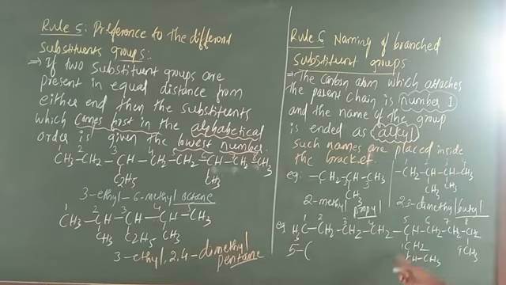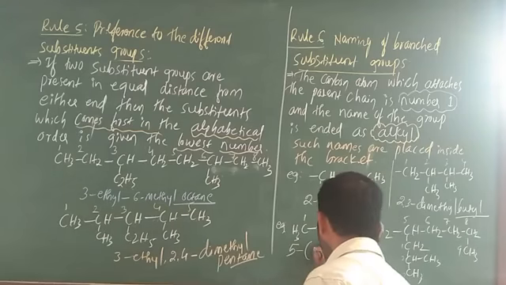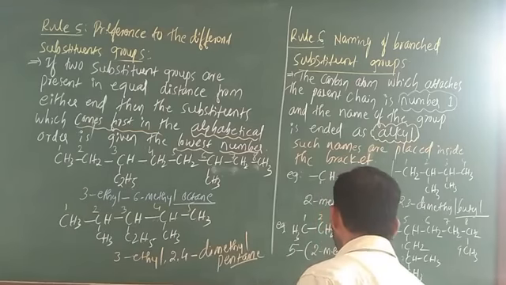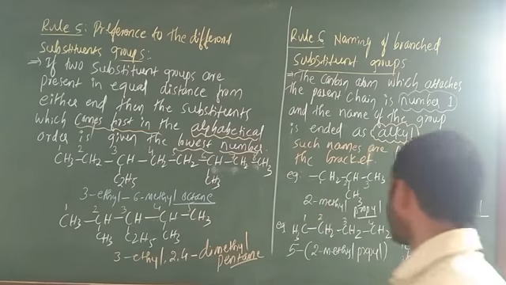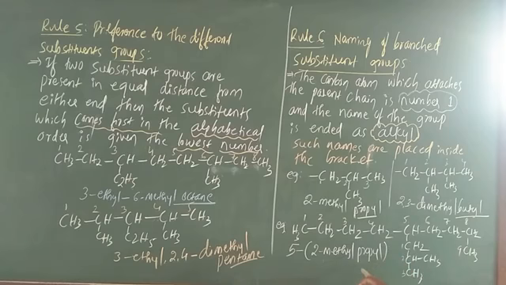Why take a bracket? Because a branched chain is there. The second position is having a substituent group, 2 methyl propyl; in this case you have to take propyl. 2 methyl propyl, then close the bracket, because the branched chain is completed.